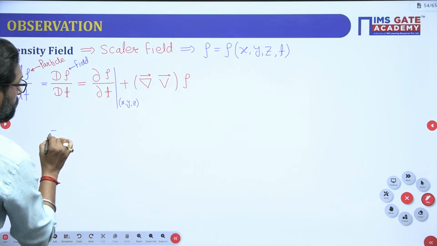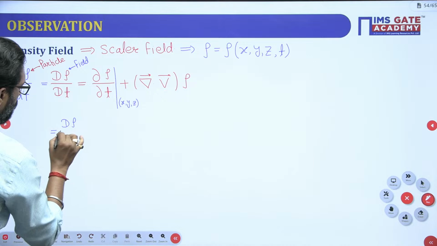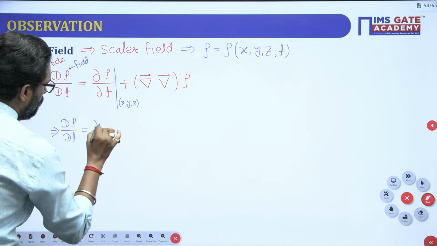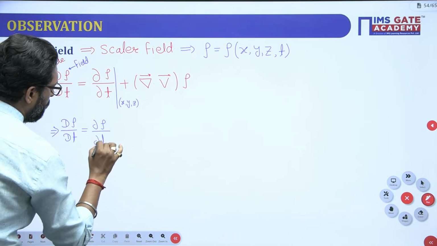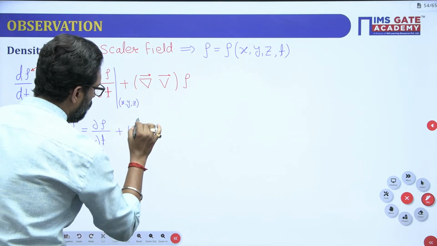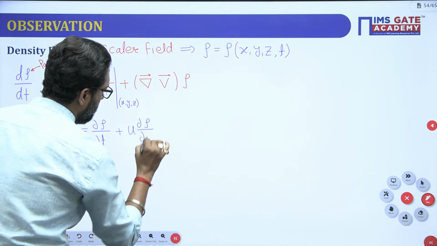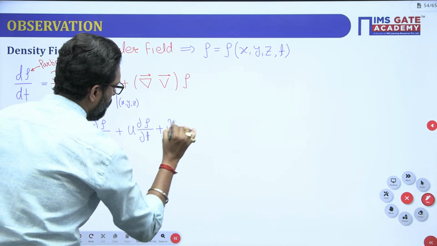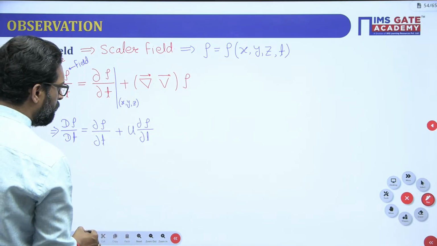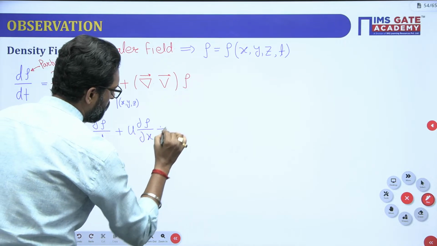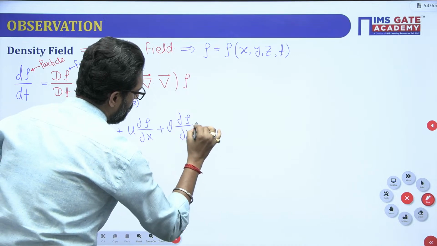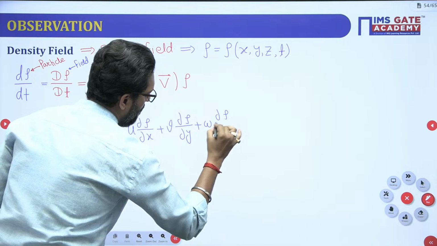So d rho by dt is equal to partial rho by partial t at a fixed position plus, if you split this one, u partial rho by partial x plus v partial rho by partial y plus omega partial rho by partial z.